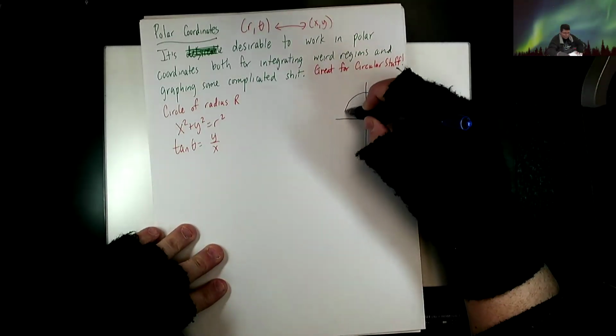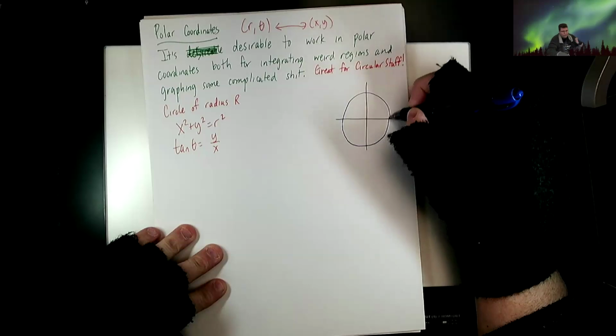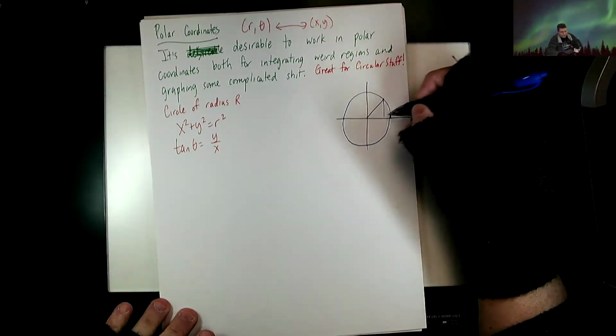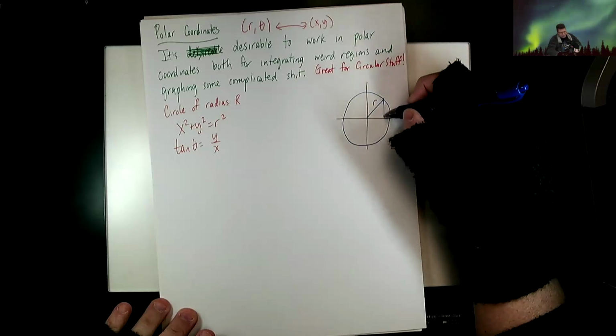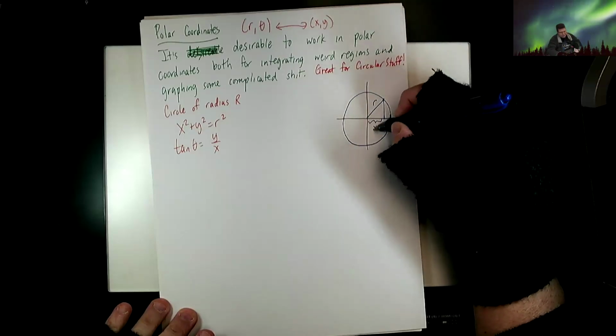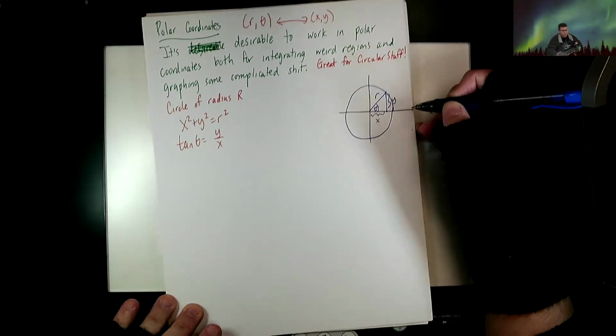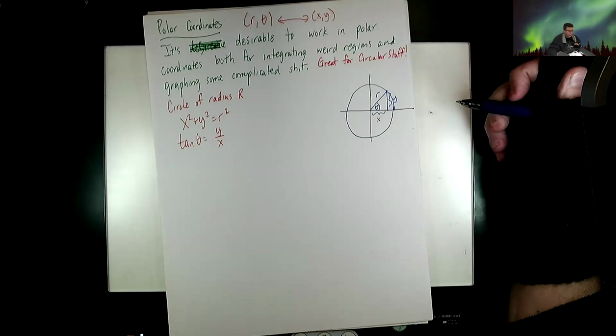If you ever don't remember it, hopefully you remember the Pythagorean formula. And you can just draw a picture of a circle of radius r. This distance here is x, this distance here is y, and the angle is theta, and you can pull what you need directly from the picture of the circle.